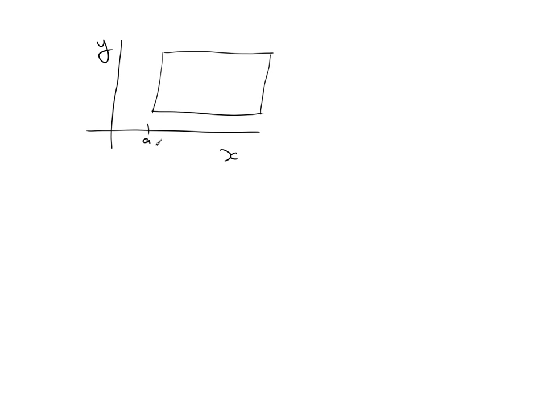Of course, I'm going from A to B, C to D. That's defining where my rectangle is. And I'm going to take this rectangle and break it up into a bunch of smaller rectangles. So I'm just going to do a couple of them here. As an example, this one right here, I'm going to call this rectangle Rij because it's in row i, column j.